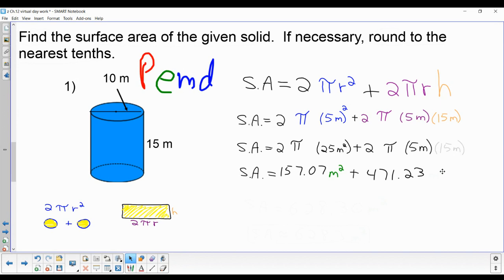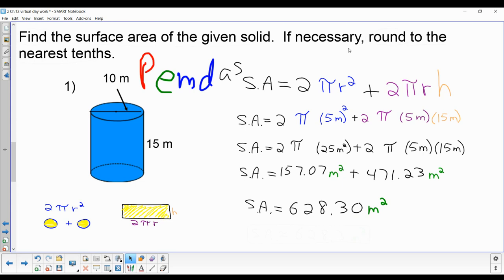Meters times meters is meters squared. Then, once we have done all the multiplication that we can do, we would look for any addition or subtraction, and we have addition. So the surface area is equal to, and we add our two numbers together, you get 628 and 3/10. And since we're doing addition, it's still just meters squared.